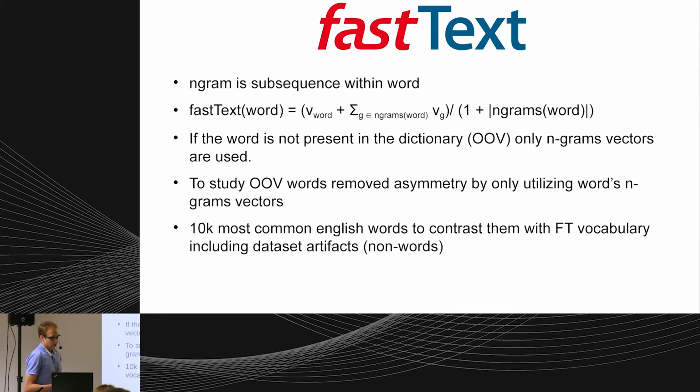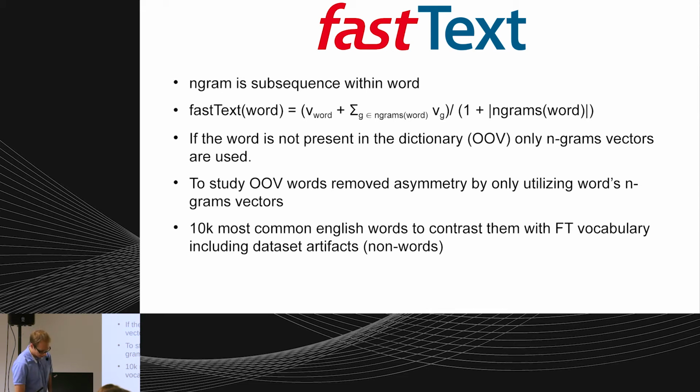And they do this for each word. So if they have a word in the vocabulary, they take the whole word vector, and then they add the sum of all the n-grams within the word, and then they divide by the total count of vectors. So that's basically how FastText works.